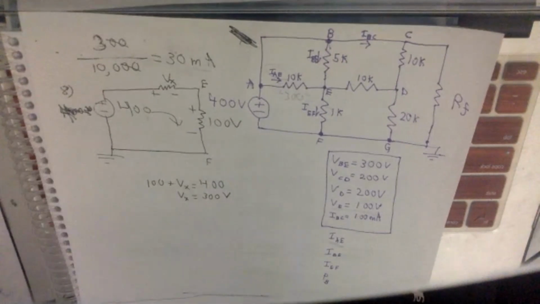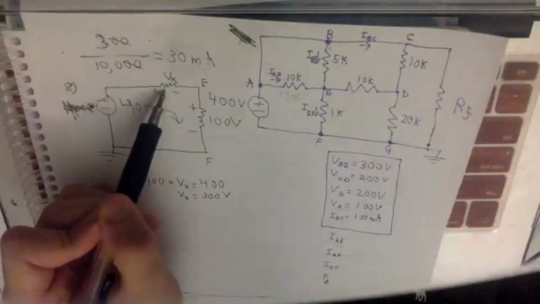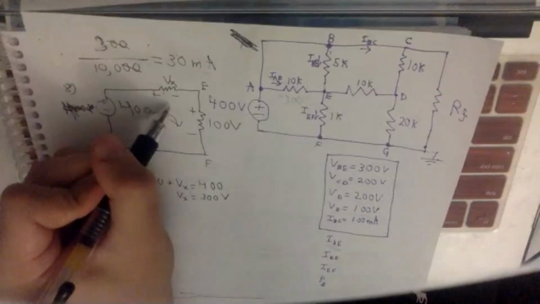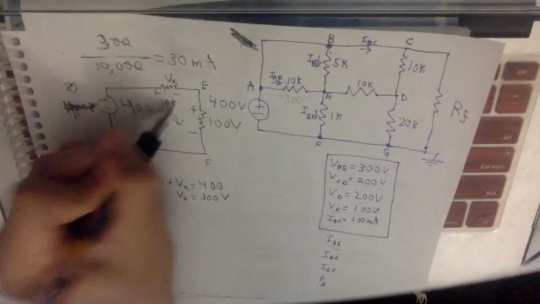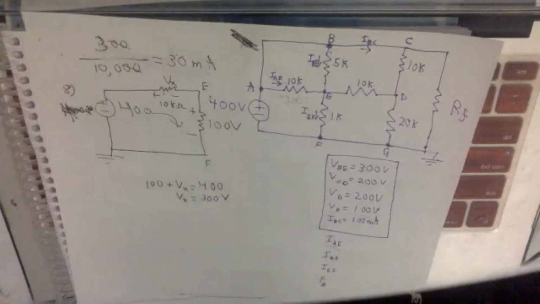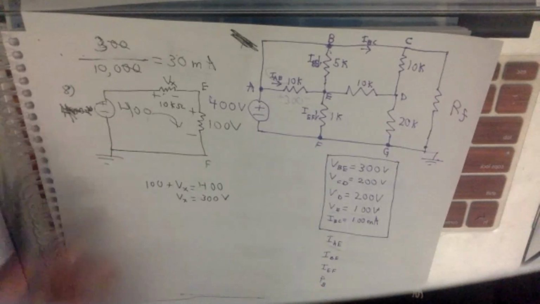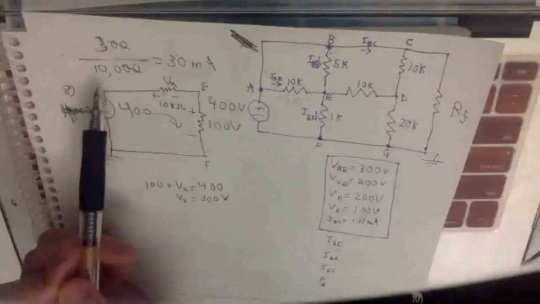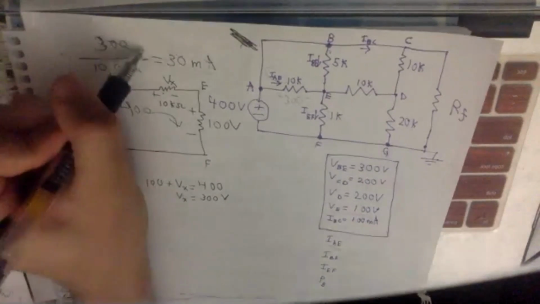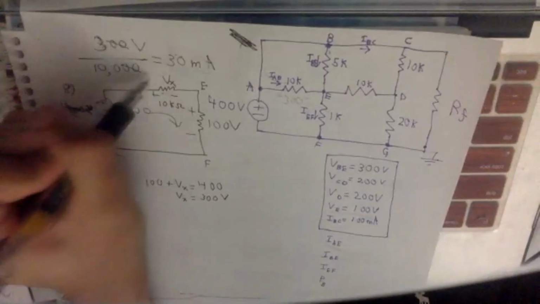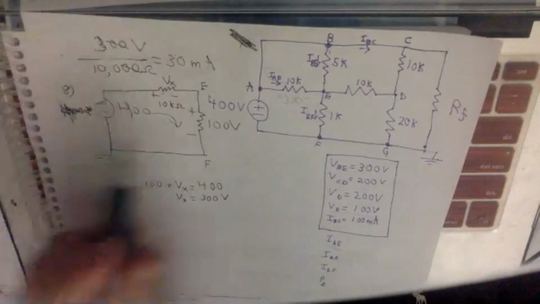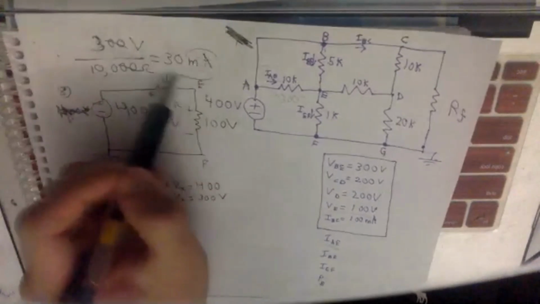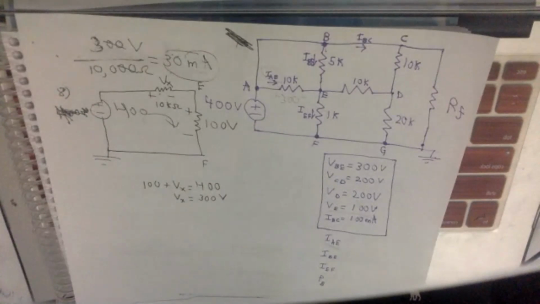Right? So far? Then this right here is going to be 10K ohms. Then V equals IR. I have it right here. 300 volts over 10K ohms is going to equal 30 milliamps.